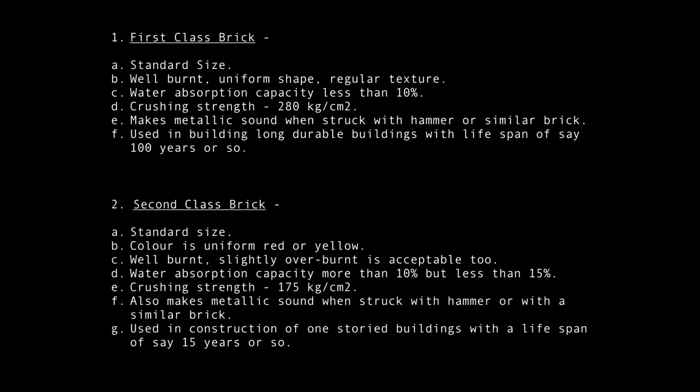So it's important that a lot of curing is done before actually utilizing the brick. So a first class brick will not absorb water beyond 10%. They have the maximum crushing strength, which is around 20 kilogram per square centimeter.